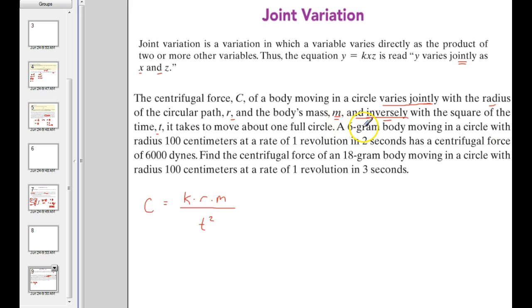So a 6 gram, alright, that's a mass unit, so that'll be 6 right there. Moving in a circle with radius 100 centimeters, so the radius is 100. At a rate of 1 revolution in 2 seconds, so it takes 2 seconds. We square that to make 1 full revolution. So that gives me everything I need to solve for k.